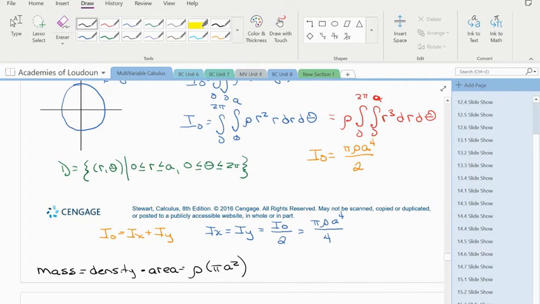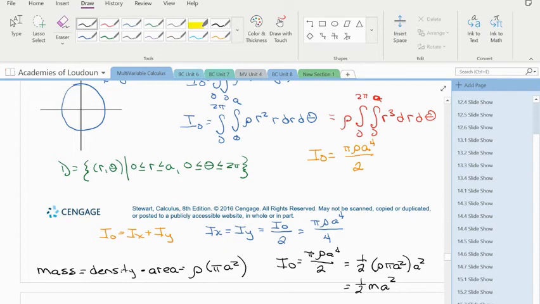And so the moment of inertia of the disk about the origin can also then be written as I naught, which we know is pi rho a to the fourth over 2, is also going to be 1/2 rho pi a squared times a squared, which is then 1/2 our mass times the square of the radius.